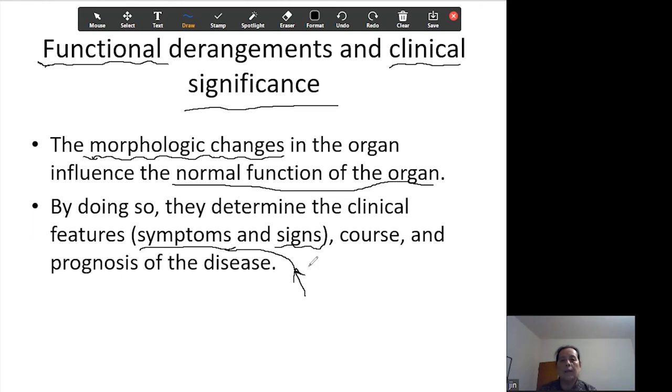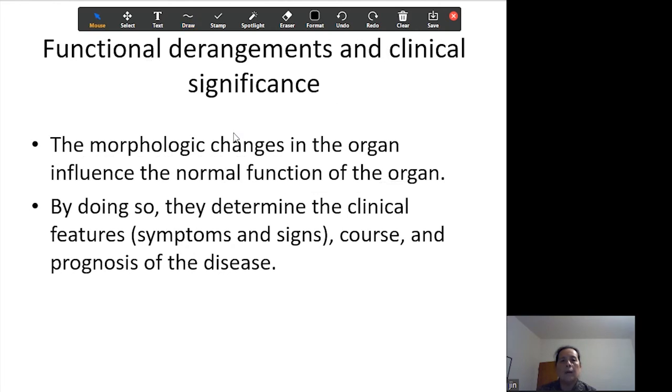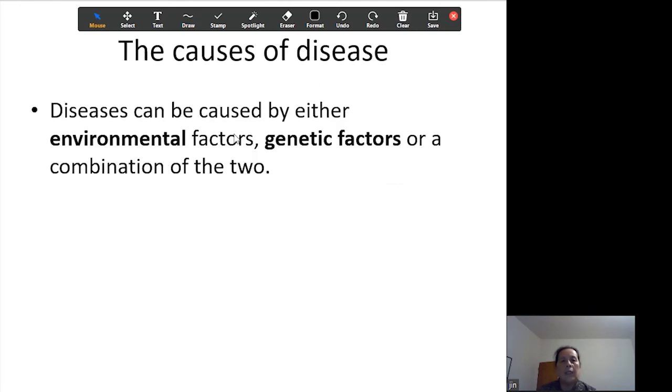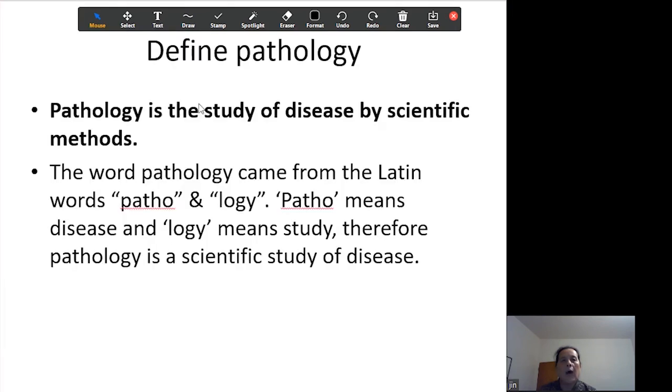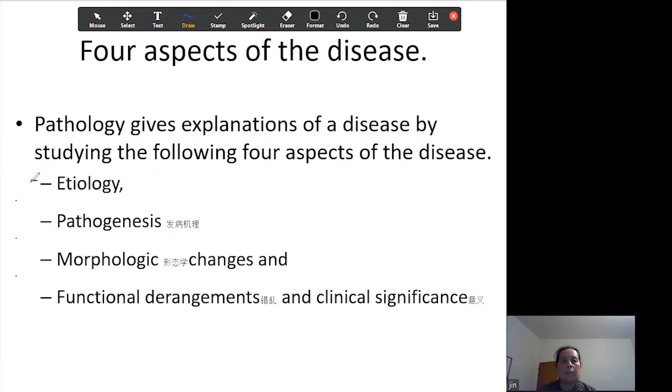Signs are what practitioners or doctors can see and check, finding abnormal signs. So that's basically pathology. It includes four aspects. What caused the illness, how the illness develops, and then when the illness happens, the shape and structure will change, and finally, the function will change. So that's our pathology.